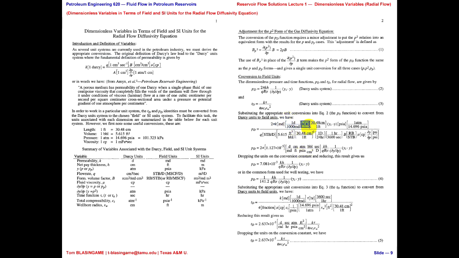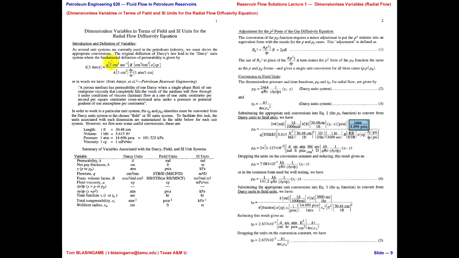We work in feet, and there are 30.48 centimeters per foot. That's exact, and that canceled. Then we work in PSIA, and 1 atmosphere is 14.696 PSIA as a conversion.